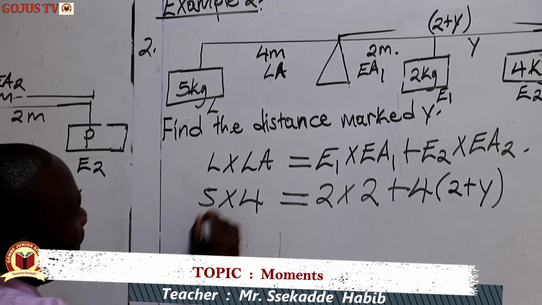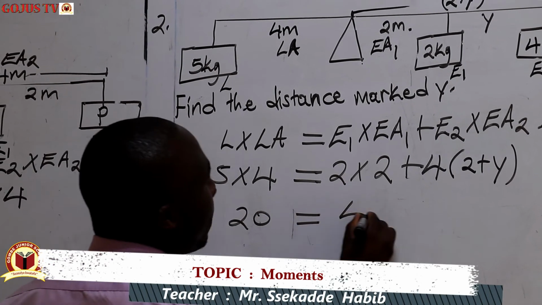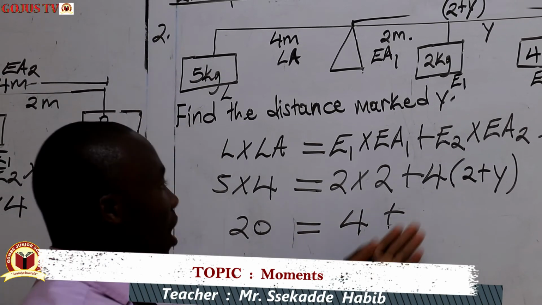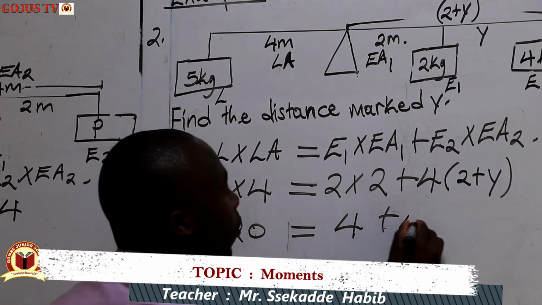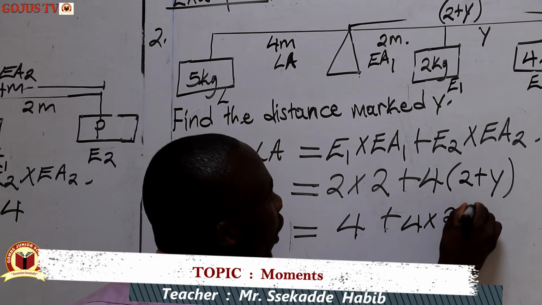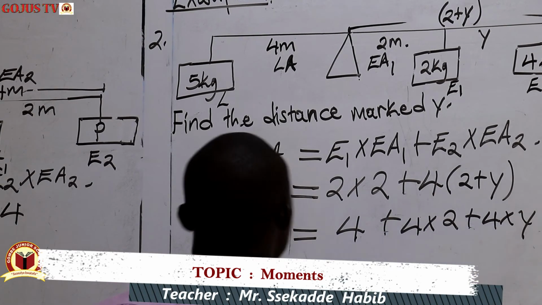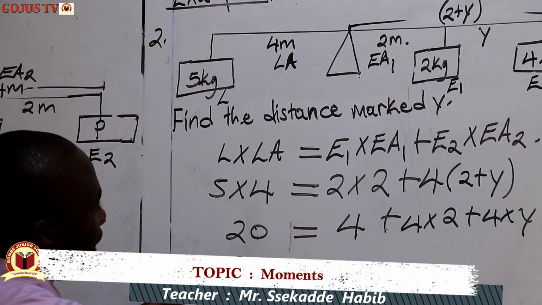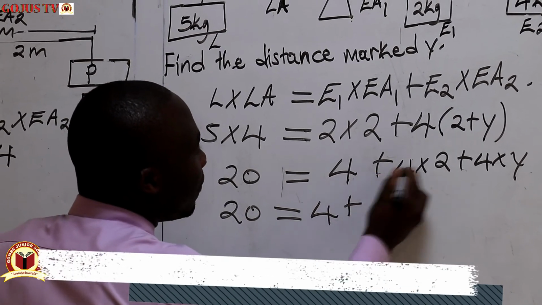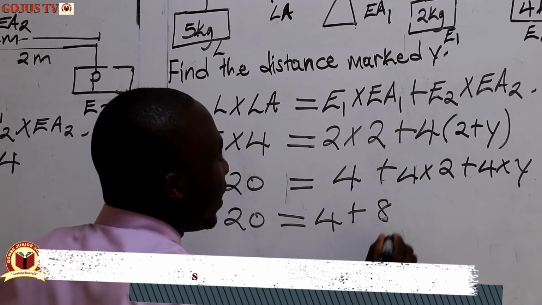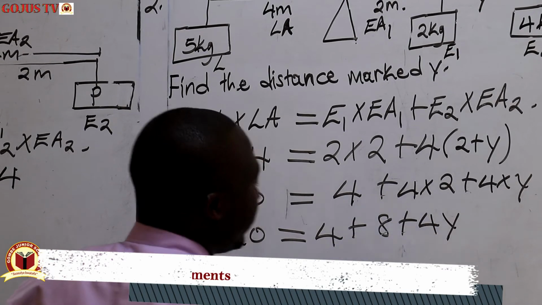We shall have 20. 5 times 4 is 20. This will be equal to 4 plus. We shall have to open these brackets, and we say 4 times 2. Then plus 4 times y. So we shall have 20 will be equal to 4 plus 4 times 2 is 8 plus 4 times y is 4y.